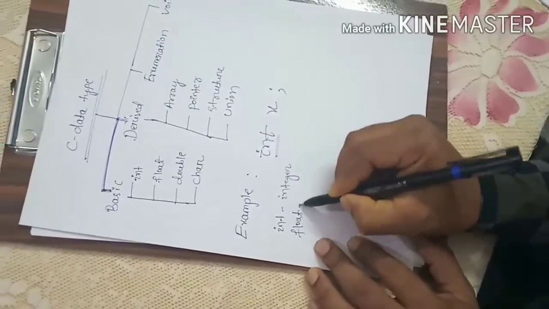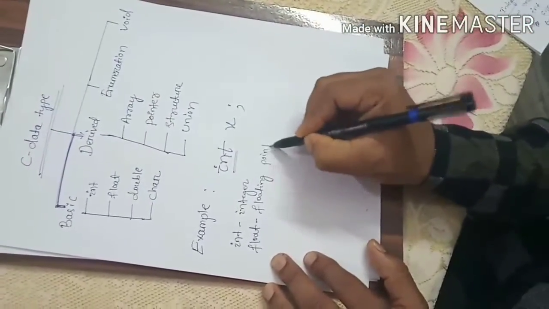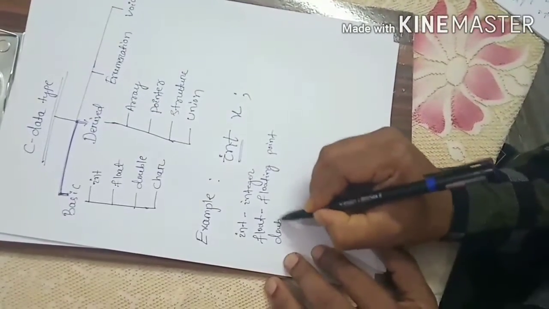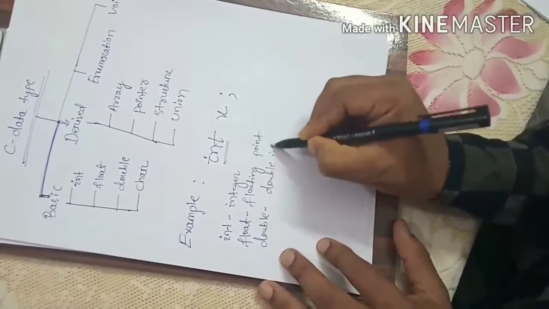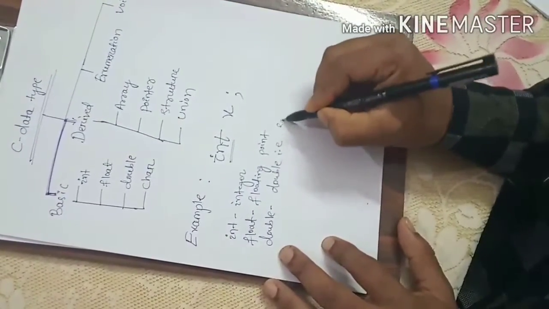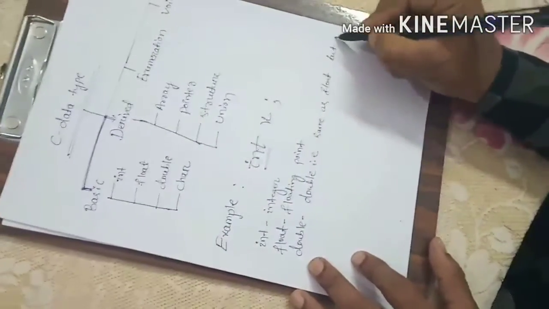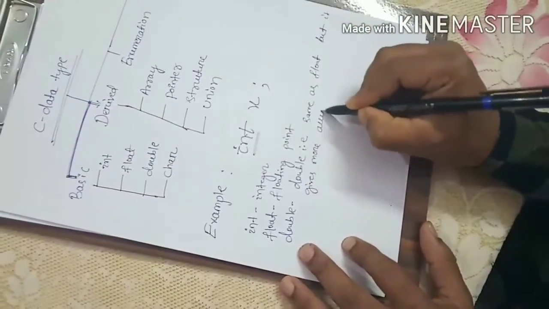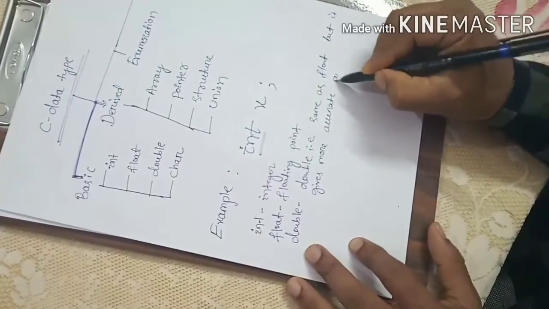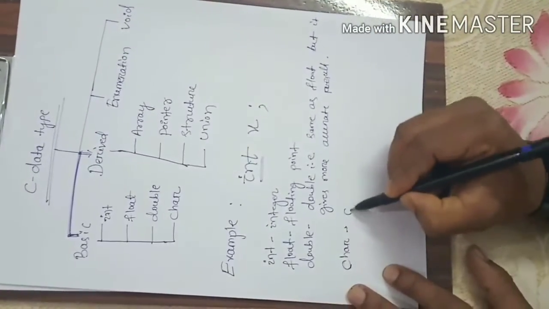Float is the data type we used for floating point. Double is used for double value, that is same as floating, but it gives more accurate result. And char data type is used to define character.